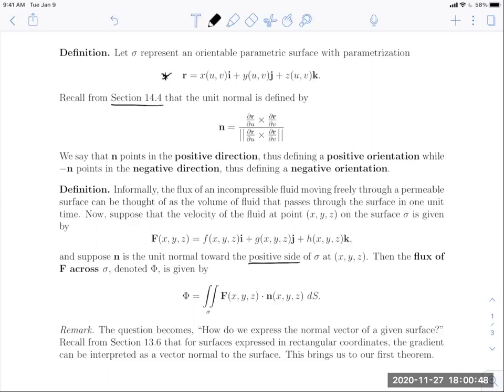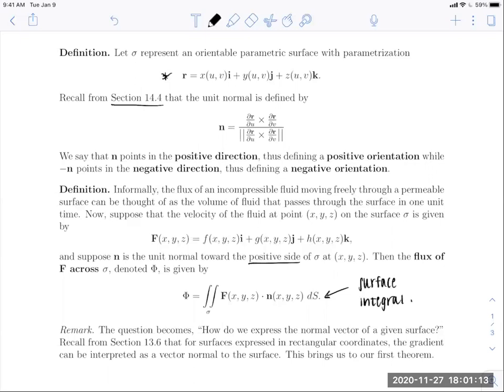All right. So I just want to specify here that we're talking about a surface integral, which we just learned how to compute in the last section. So the question becomes, how do we express the normal vector of a given surface? That vector field F will be given to us.